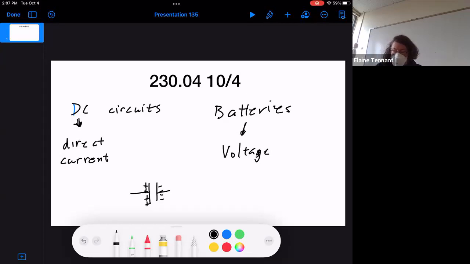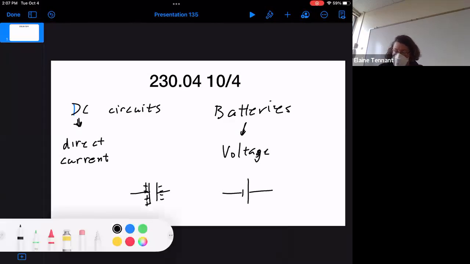A battery, though, it's not made up. Well, technically everything's made up of charges, but it's not getting its voltage from these charges. It's getting it from some other mechanism, usually through some chemical potential energy, like a lithium battery. The lithium has the chemical potential in it.